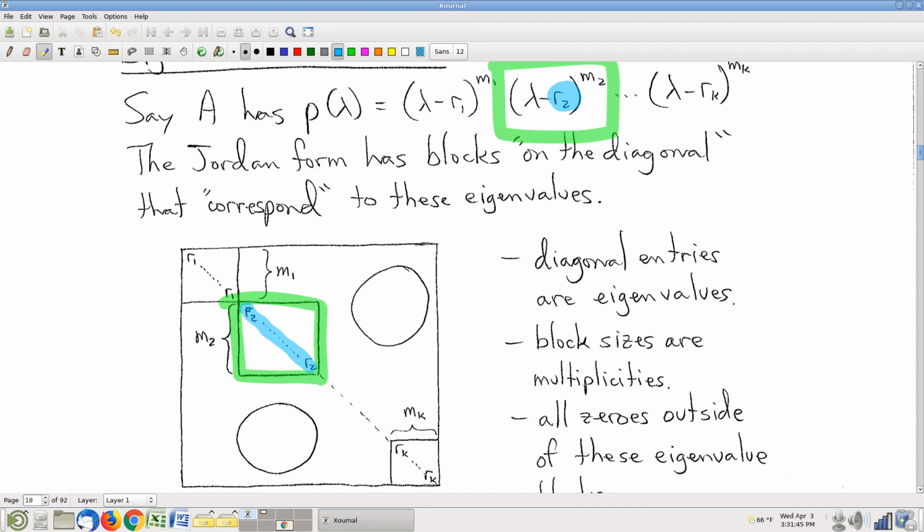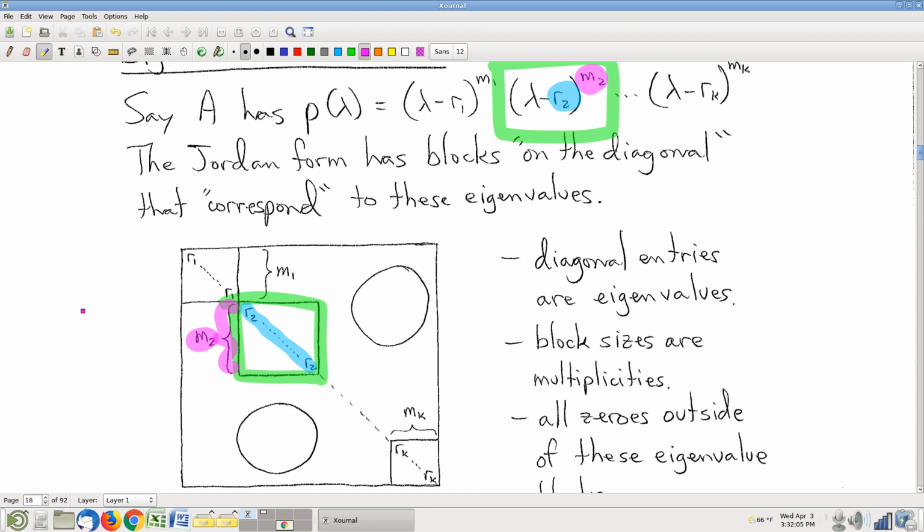Just how it turns out. The multiplicity of the eigenvalue will tell you the size, the dimension, if you will, of the eigenvalue block. There's a strong relationship there.